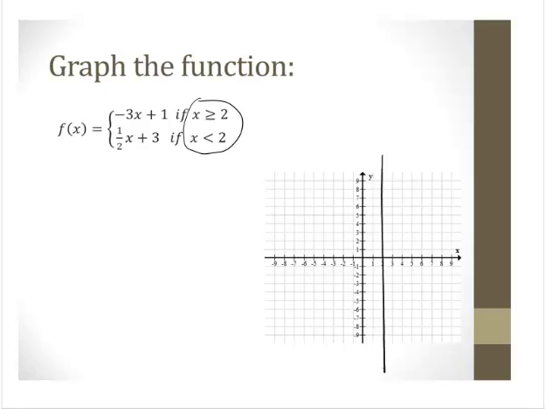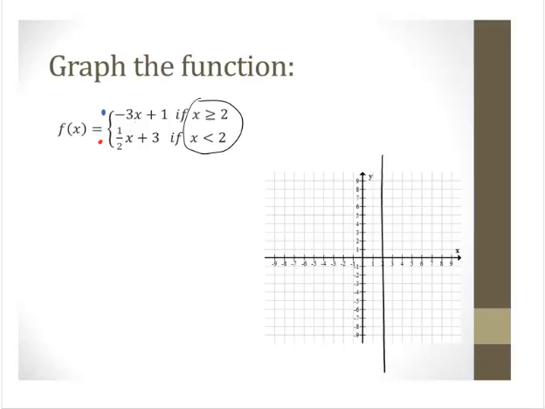All right. I like to use a couple of different colors. So I'm going to draw negative 3x plus 1 in blue. I'm going to draw 1/2 x plus 3 in red. So the technique that I'm going to use here is I'm going to draw both of the lines, and then I'm going to erase appropriately.